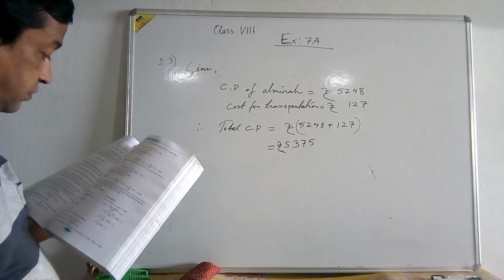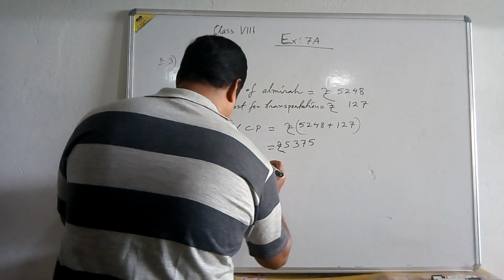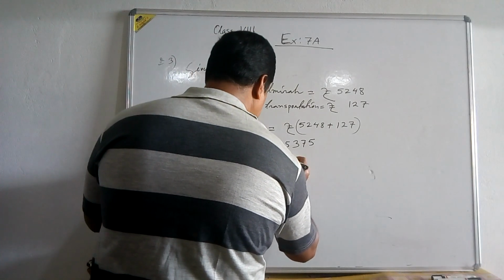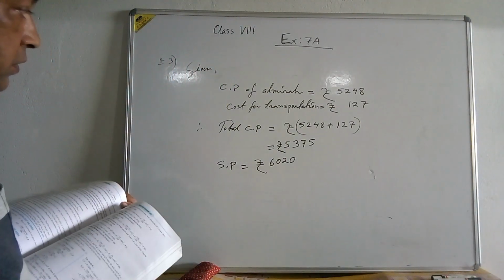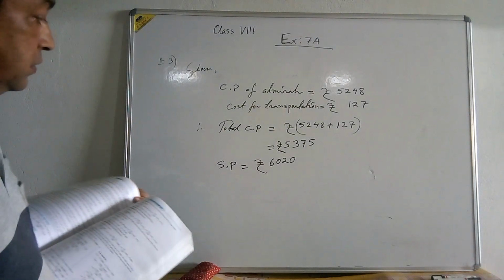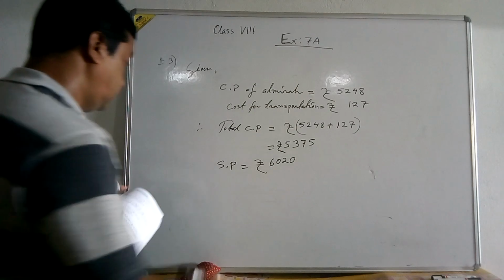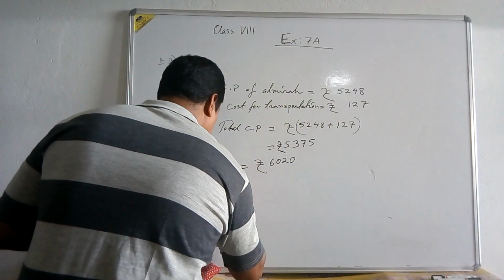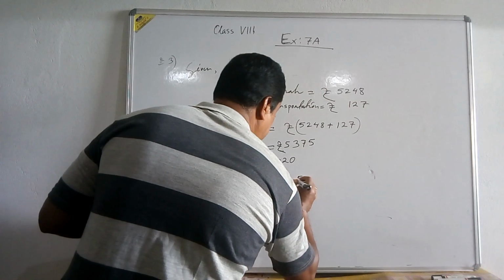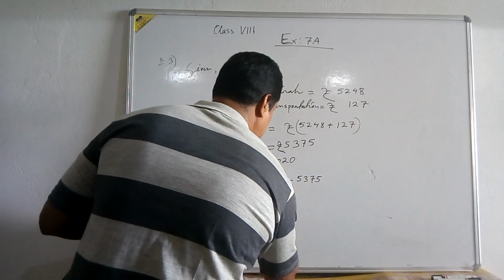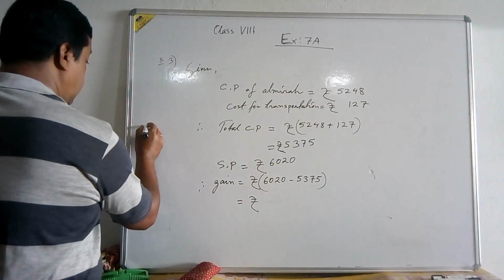Now what is the selling price of the Almira? Selling price equal to rupees 6020. Now you see the selling price is more than the total cost price. That means it is a gain. So you write, therefore gain equal to 6020 minus 5375. So how much do you get?